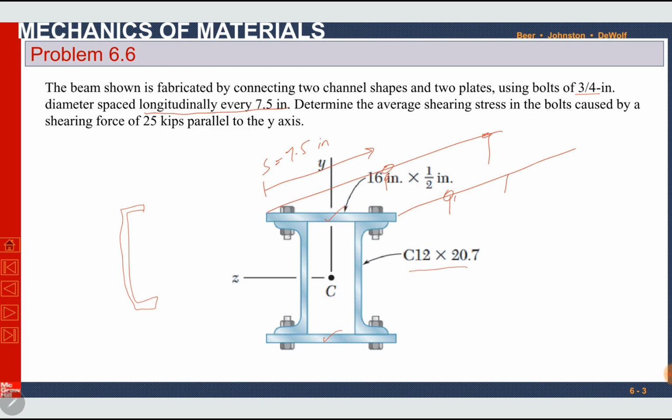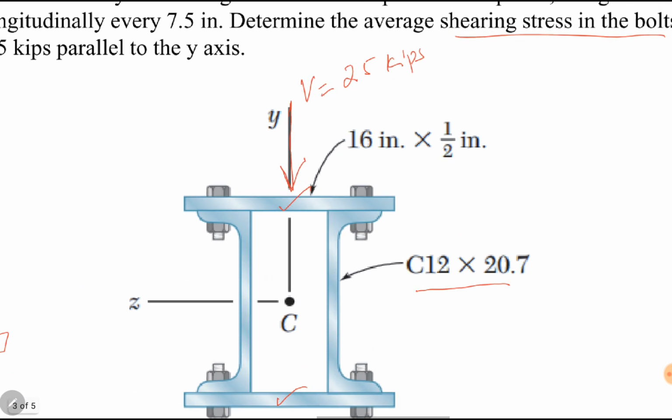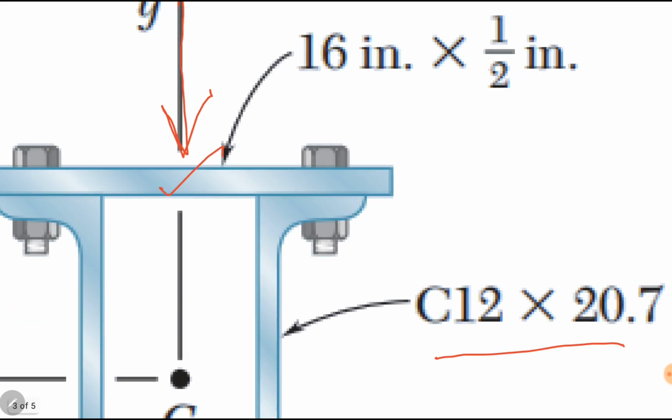Determine the average shearing stress in the bolts caused by a shearing force of 25 kilopounds parallel to the y-axis. Parallel to the y-axis, we have a vertical shearing force, because y is in the vertical direction. It is 25 kilopounds. And we have to find shearing stress in the bolt. So, parallel to the area of the bolt will be shearing stress.